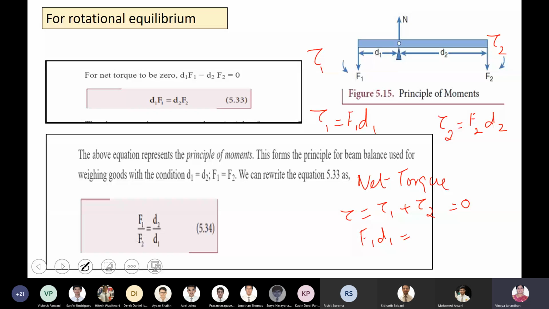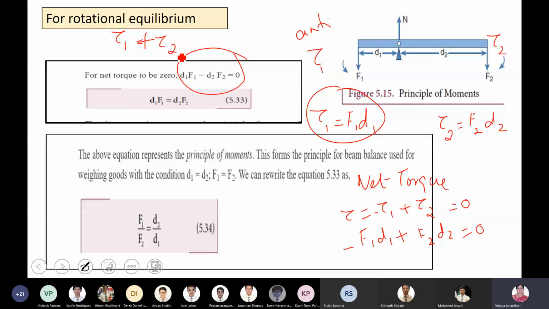Generally, we take the clockwise moment as positive and the anti-clockwise moment as negative. So minus tau 1, so minus F1 d1 plus F2 d2 is equal to 0. Boys, net tau 1 plus tau 2 must be equal to 0. So what is tau 1? F1 d1. What is tau 2? F2 d2.